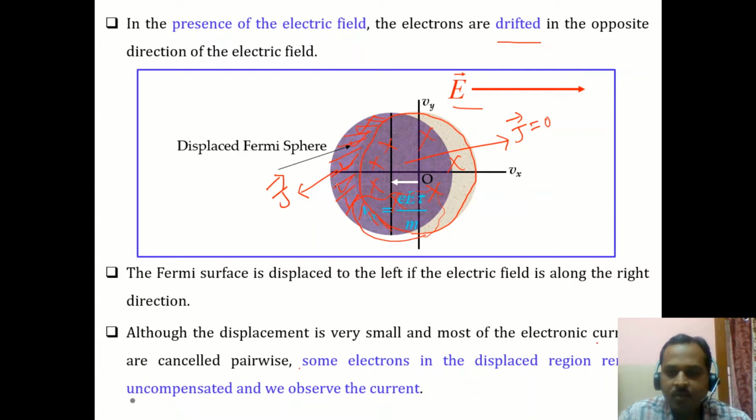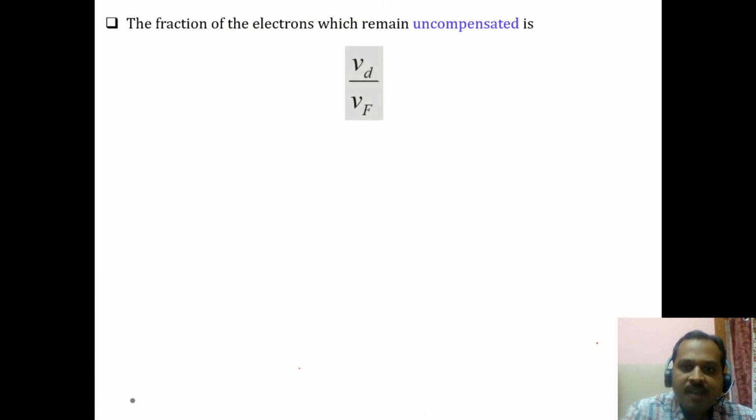So the fraction which remains uncompensated, meaning the fraction of velocity which is not cancelled by its counterpart, is Vd by Vf.